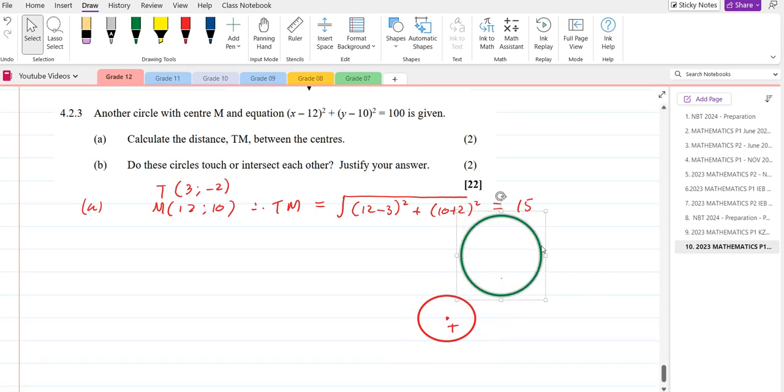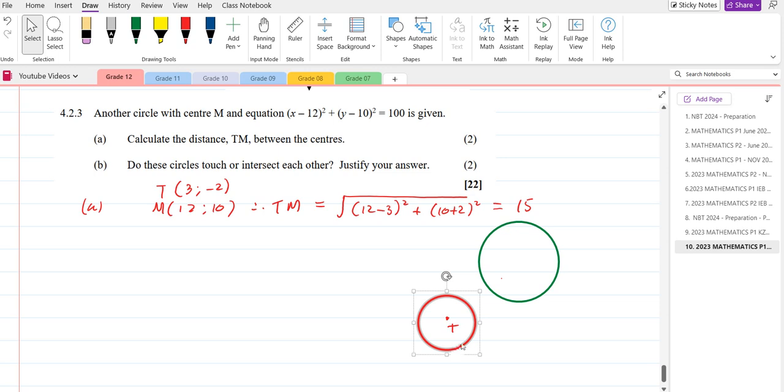So M is somewhere around here. We don't know whether they intersect or not. So let me make this look like a circle. So we know the distance TM. I'm just drawing it like this for visualization. We don't know whether they intersect or not. Do these circles touch or intersect each other?